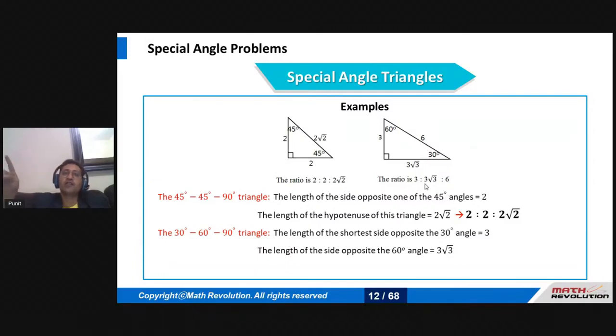If you remember that ratio, 1 is to 1 is to root 2, your job is done. Similarly, apply the same thing for 30, 60, 90. If the side opposite to 30 degrees is 3, the hypotenuse becomes double of it, that is 6. Now it is pretty easy to find the side opposite to the 60 degree angle, because that would be 3 times root 3. So this becomes 3 root 3.